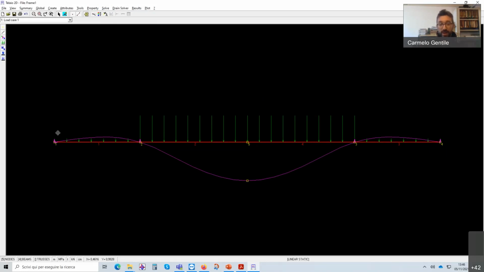Node 1 does not have any vertical or horizontal displacement. Node 2 has no vertical displacement, but has a rotation. The rotation is continuous, so we don't have any difference of rotation between element 1 and element 2. Here it is continuous.